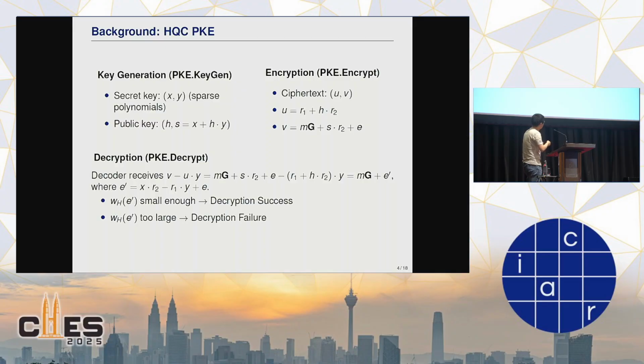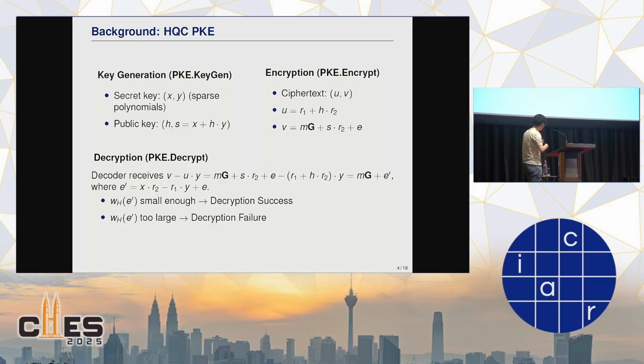For encryption, we compute the ciphertext u, v, and we generate some intermediate sparse polynomials r1, r2, and e. Then we compute u, v in this way. The decoder receives this value, and after some simple calculation, you can see that this is actually the encoding of m plus a small noise term e prime. Because these are all sparse polynomials, the Hamming weight of e prime is very small.